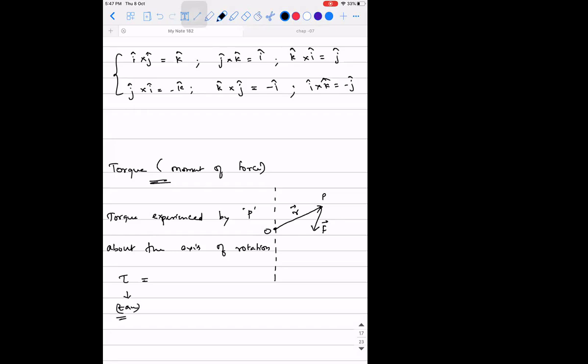It's a Greek alphabet. So tau is equal to r vector cross F vector.